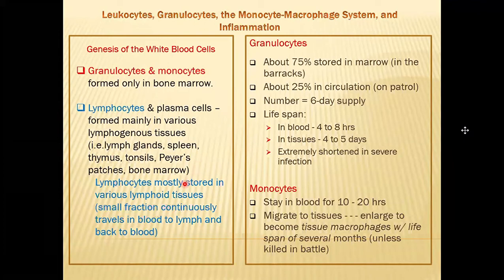They are mostly stored in the various lymphoid tissues, and a small fraction is continuously circulating in the blood and in the lymph. So from the blood to the lymph and back to the blood, vice versa, kumbaga, sasakyanan. So most of them are stored in these lymphoid tissues, and a few of them are in circulation.